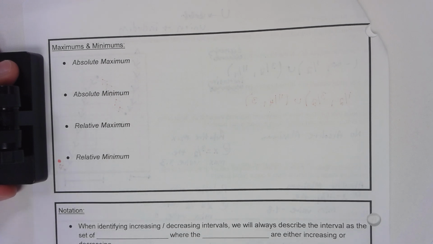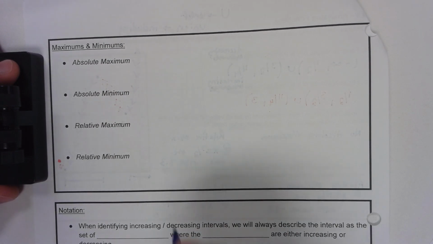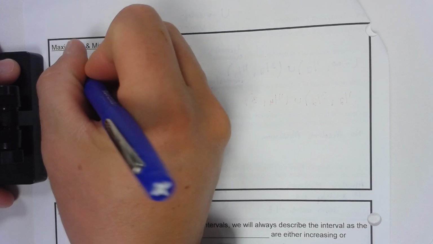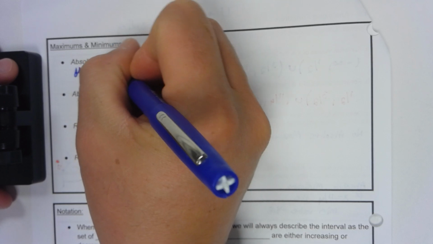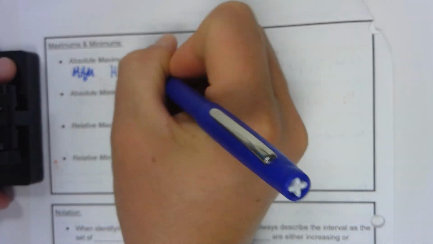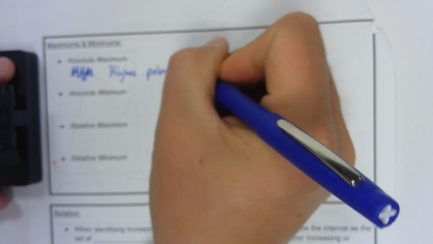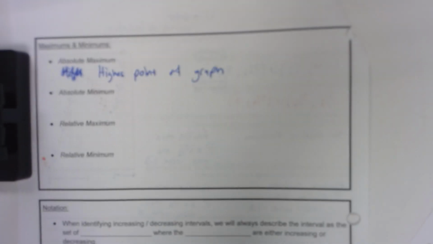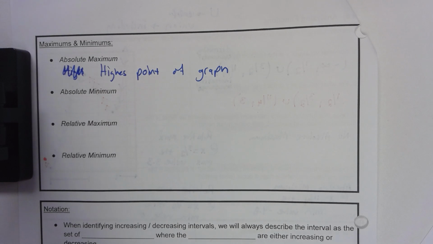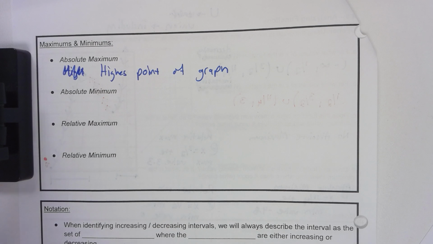All right, minimums and maximums. The absolute maximum is the largest or highest point of the graph. Okay, if it goes to infinity, then there is not an absolute maximum. Then the absolute minimum is the exact opposite.